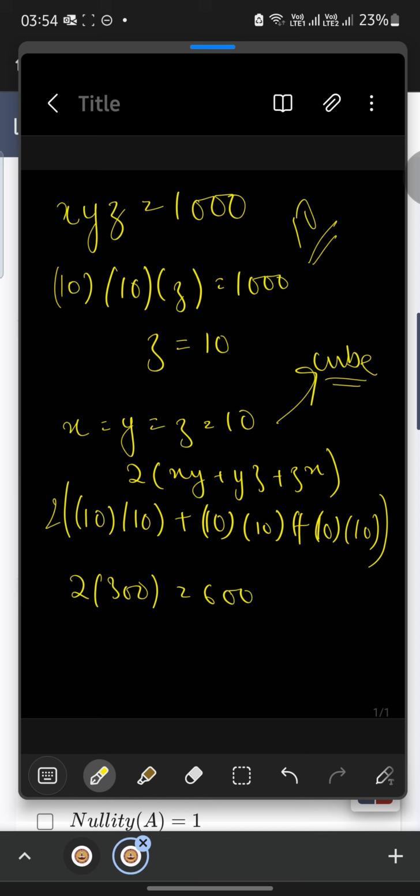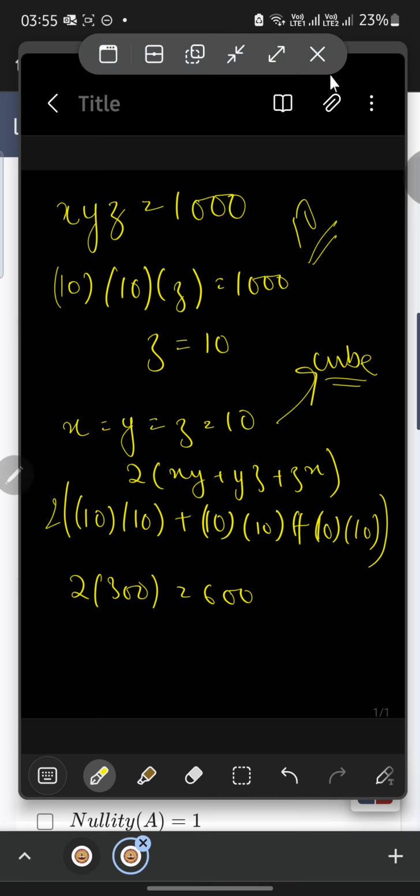So yeah, minimum perimeter for 2D dimensions and minimum surface area for 3D dimensions, right? So I just used that and gave my answer here. It would be better if I explained it clearly, but I hope you can do that on your own too. It's easy, pretty easy.